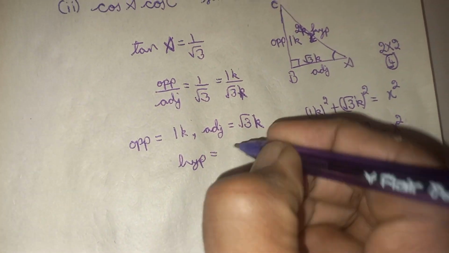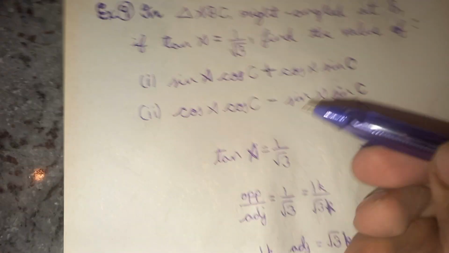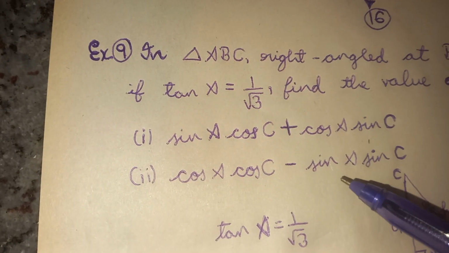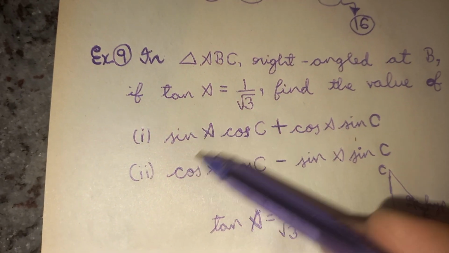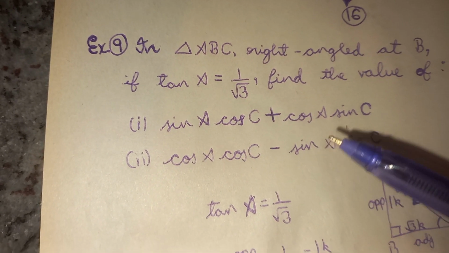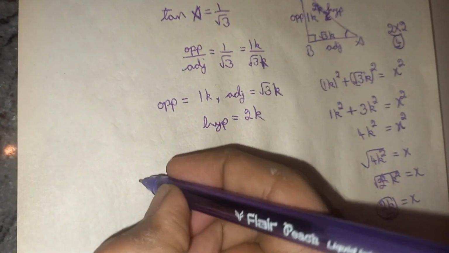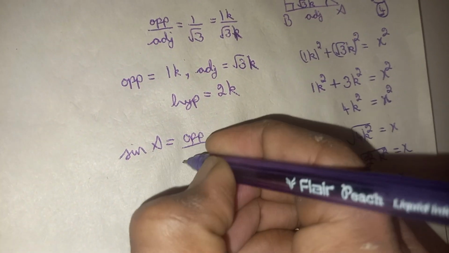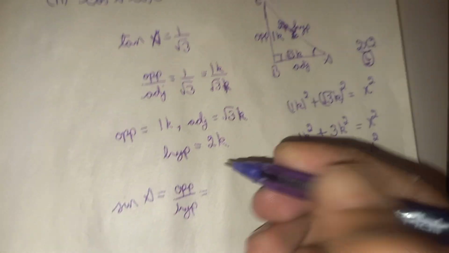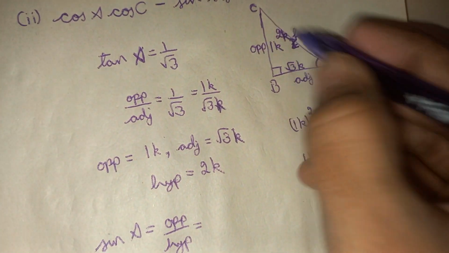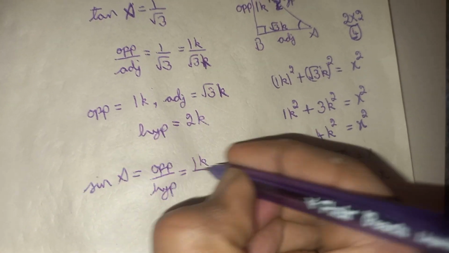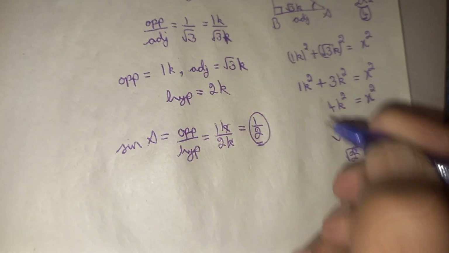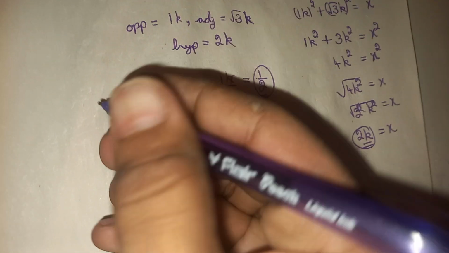Now let's find out what they are asking: sin A cos C plus cos A sin C, and cos A cos C minus sin A sin C. First we need sin A and cos A in this triangle. Sin A is opposite by hypotenuse, 1k by 2k, and k cancels out, so it's half.